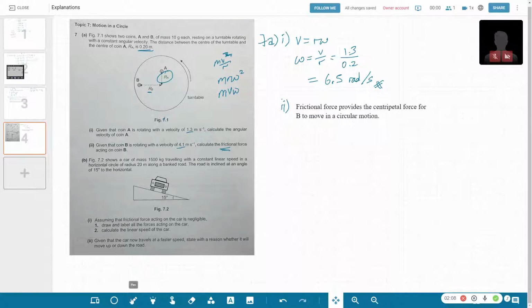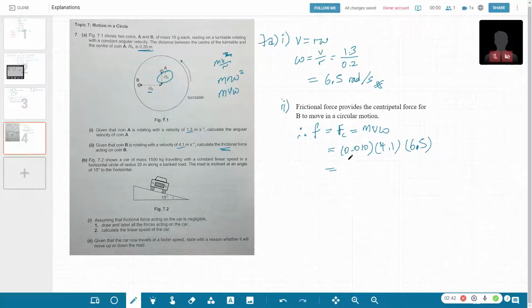Therefore, the frictional force equals the centripetal force, which equals m v omega. m is given to you as 10 gram, v is 4.1, omega is 6.5. So just key into your calculator: 0.01 times 4.1 times 6.5, you get 0.2665 newtons.